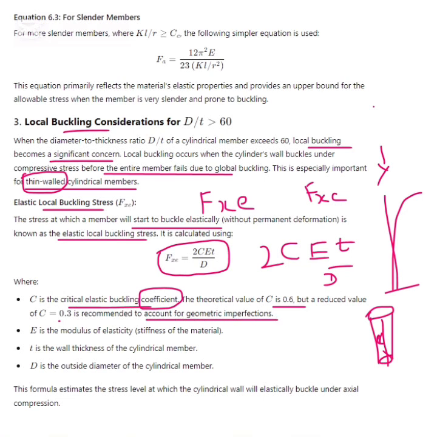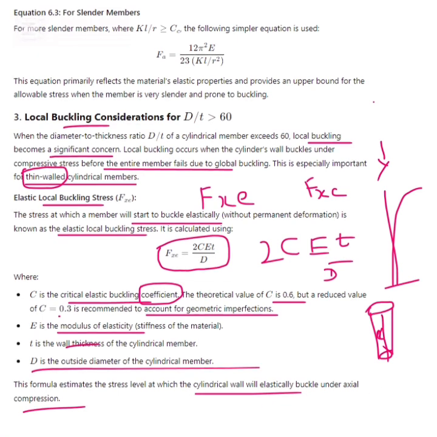E is the modulus of elasticity, t is the wall thickness, and D is the outside diameter of the cylinder. The formula estimates the stress at which the cylindrical wall will elastically buckle under axial compression.